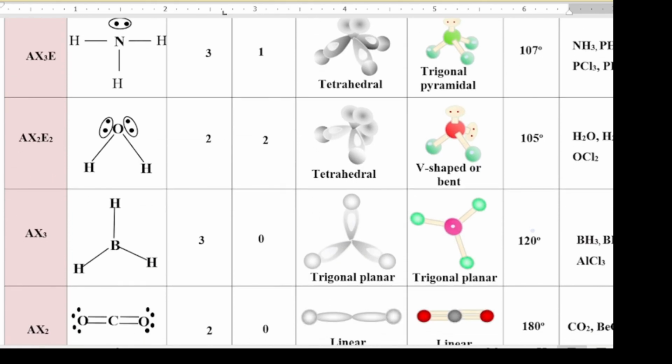AX2E2, like water. You have 2 bonded pairs and two lone pairs. But again, the electron arrangement is tetrahedral, because I took time to point out to you, these here are where the bonds were before when you created it. So they have tetrahedral arrangement here. But it'll be a V-shaped molecule or bent molecule. Remove that one there, put in a lone pair here.